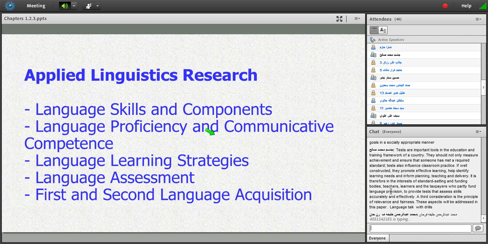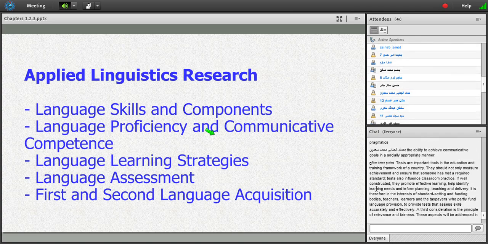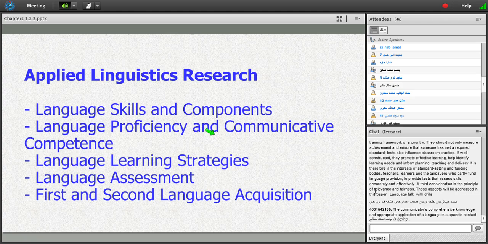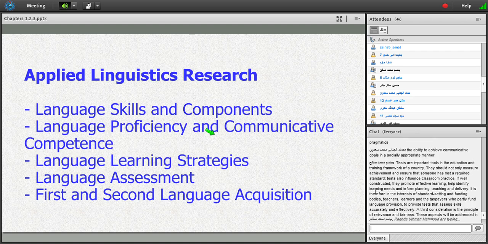So let's see what your friends wrote. The ability to use language correctly and appropriately. That's right. The context, audience, and purpose. Great, a good definition. Thank you. Phonology, morphology, syntax, semantics, and pragmatics. That's great. The ability to achieve communicative goals in a socially appropriate manner.